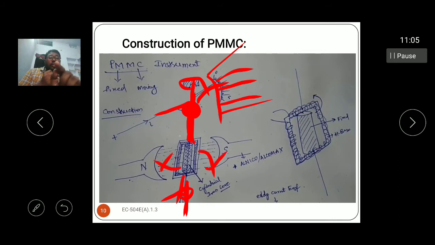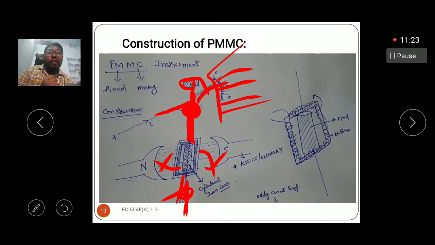Then the magnetic flux is produced in between the magnet. The magnetic field is radial from the north pole to south pole, and the eddy current EMF is induced in this particular aluminum base.